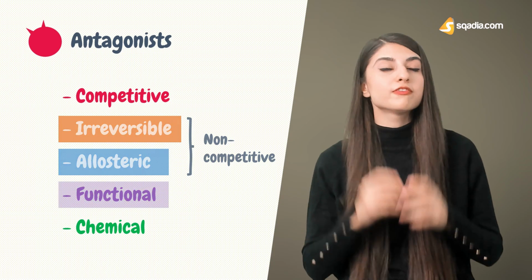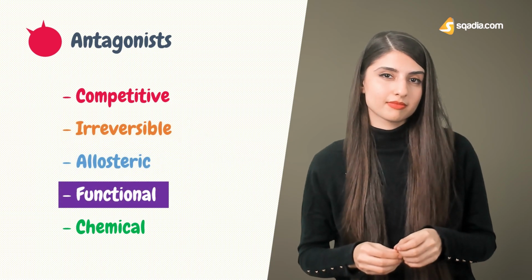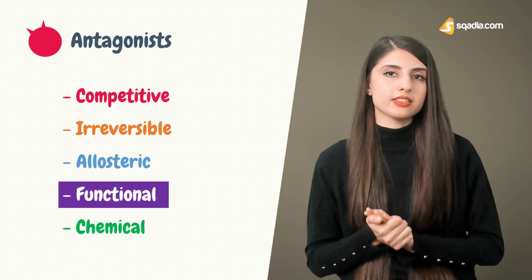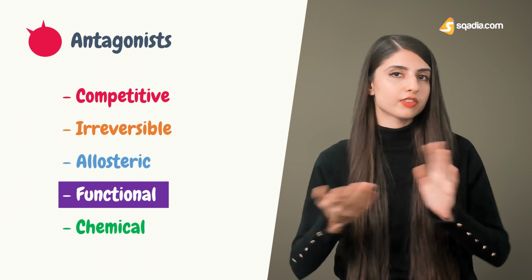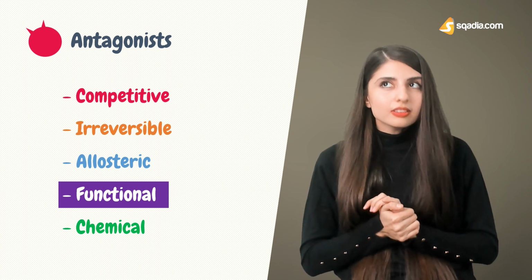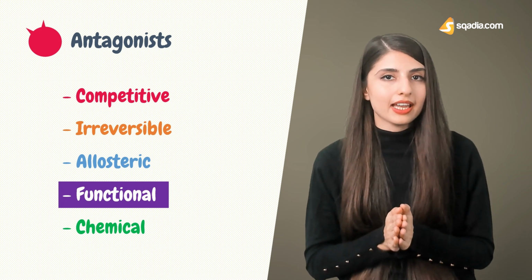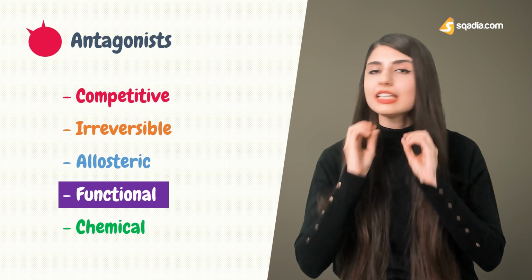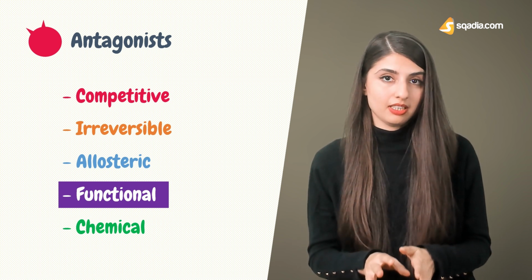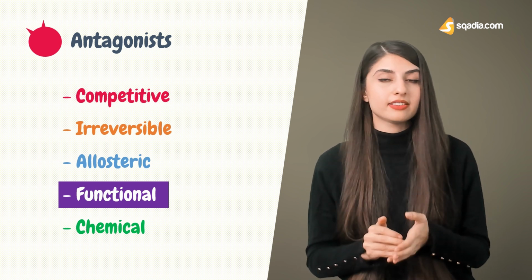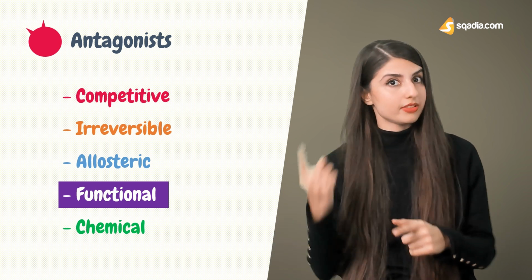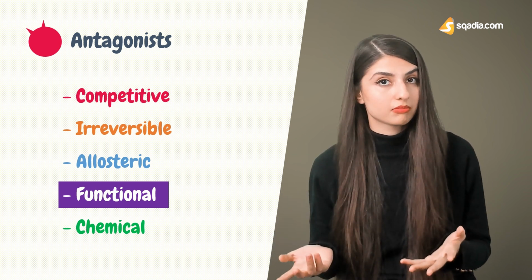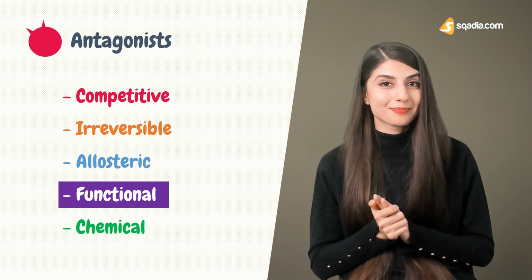But there are also other types of antagonism, and in that category, the first one we have is the functional antagonists. What are functional antagonists? Well, this type of antagonist may act at a completely separate receptor, and it initiates effects that are functionally opposite to those of the agonist. How fascinating, right?